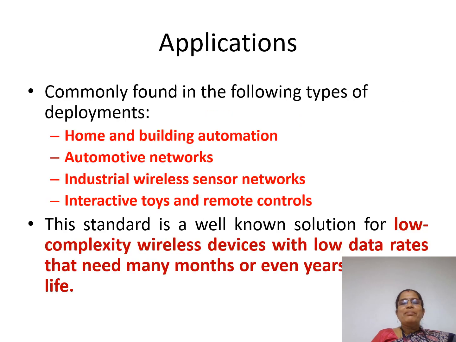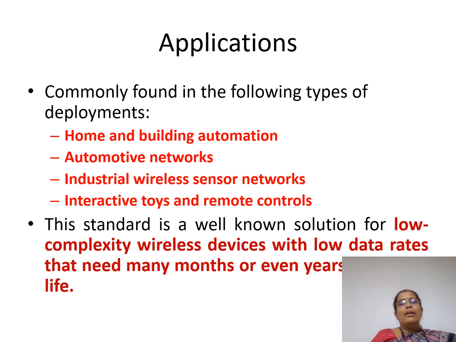Next, the commonly found applications of IEEE 802.15.4 are home and building automation, automotive networks, industrial wireless sensor networks, interactive toys and remote controls.